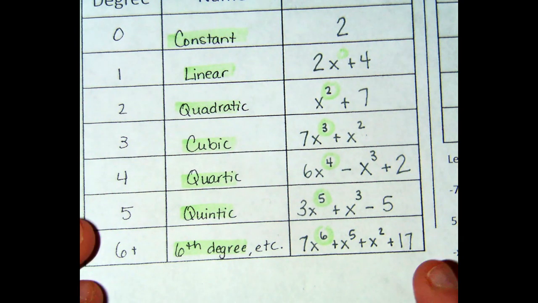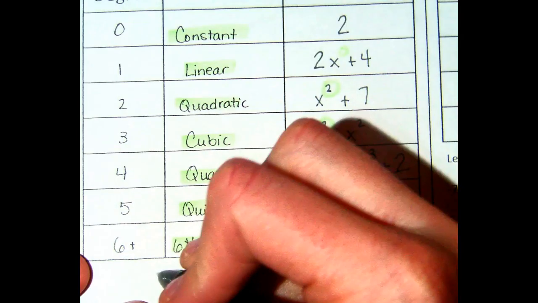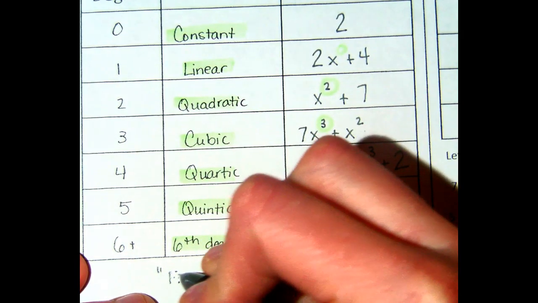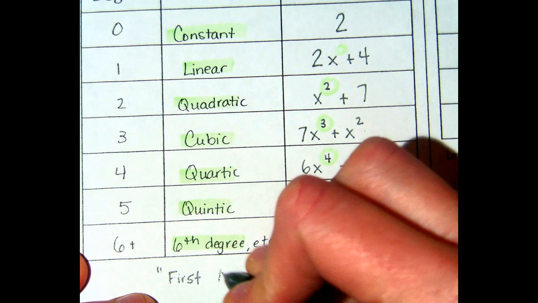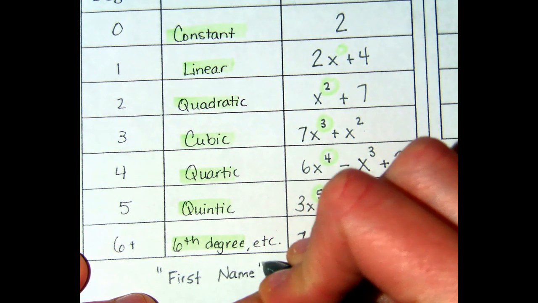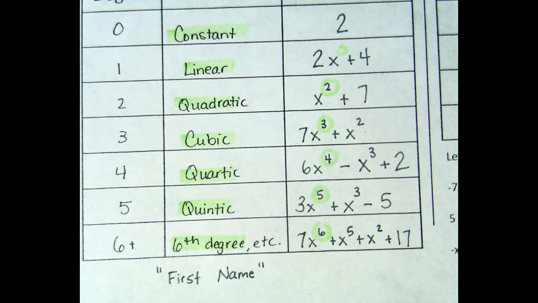This is not mathematically a thing, but to help you understand, a polynomial has 2 names. We're going to take its first name from this chart. Does polynomial Suzanne work?